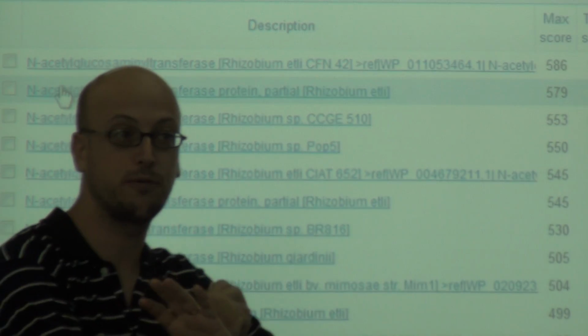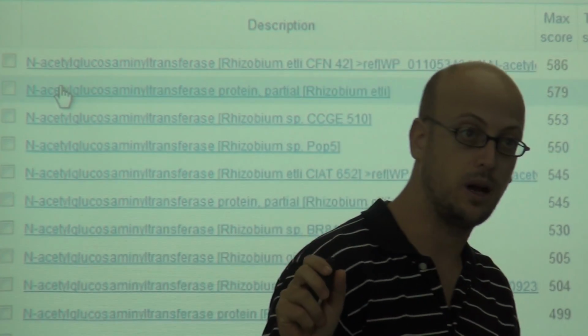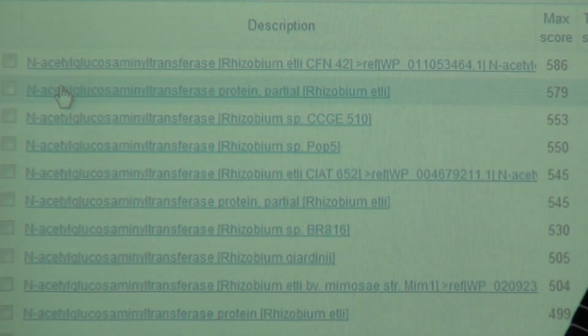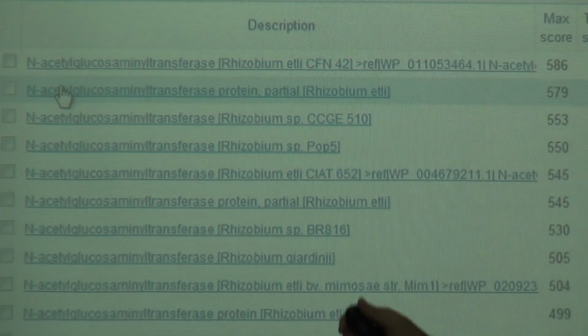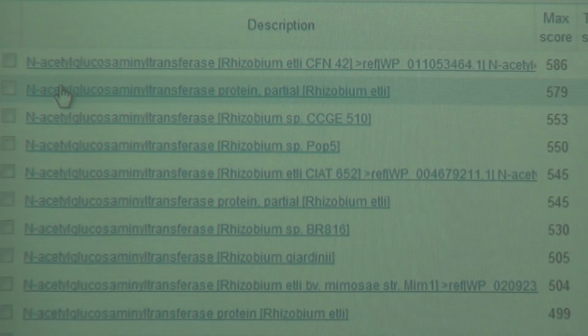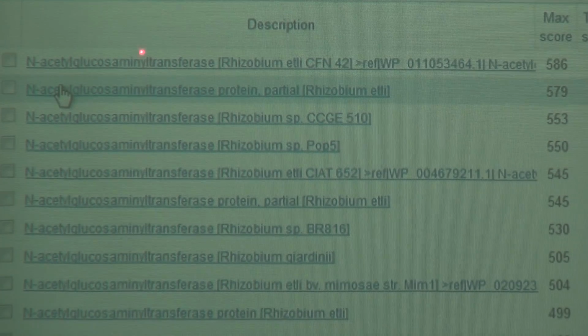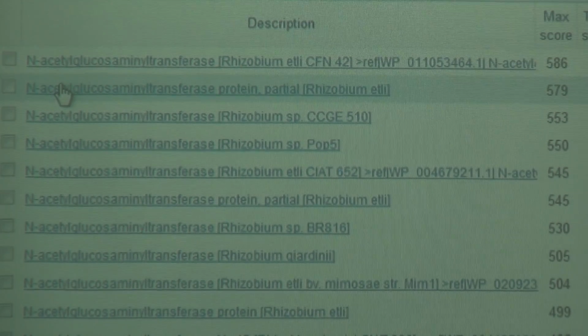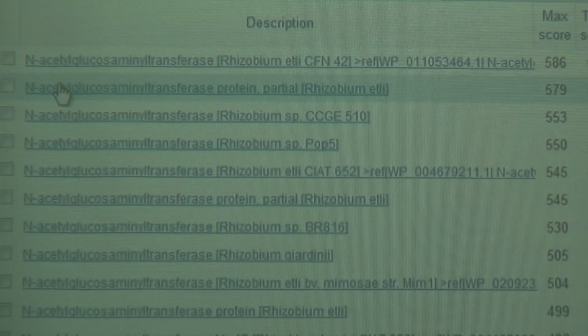You didn't know from which animal, you didn't know from which organism I took it, and you didn't know what is the function of the protein, you didn't know anything about it. But you just did a simple BLAST, and now, if you look at all the results and all the things that it looks similar to, what do you think? What is the name of our mystery protein?